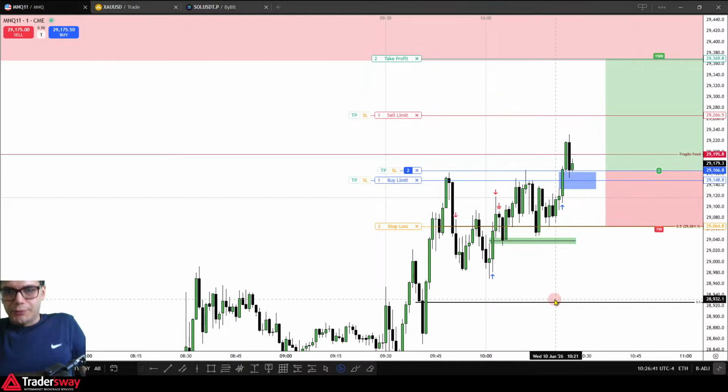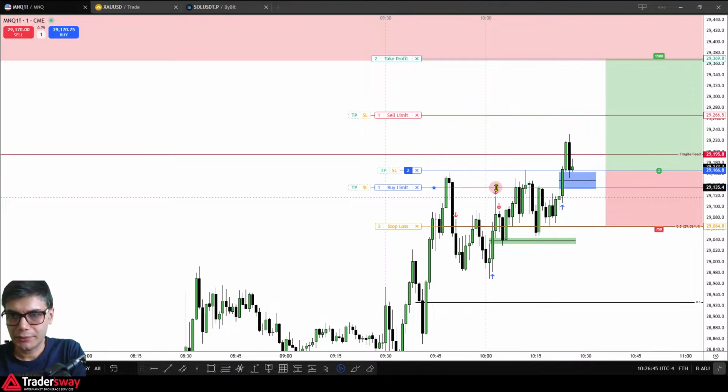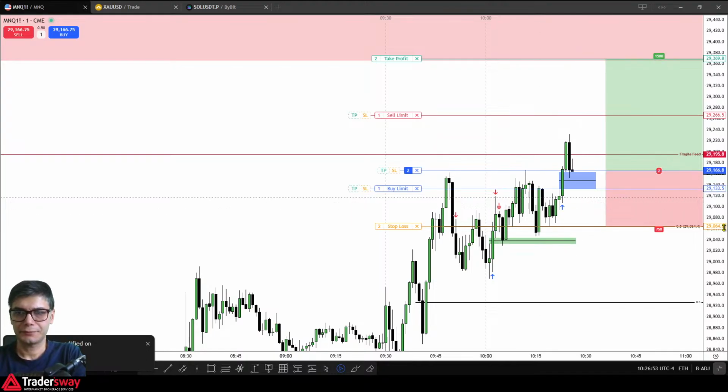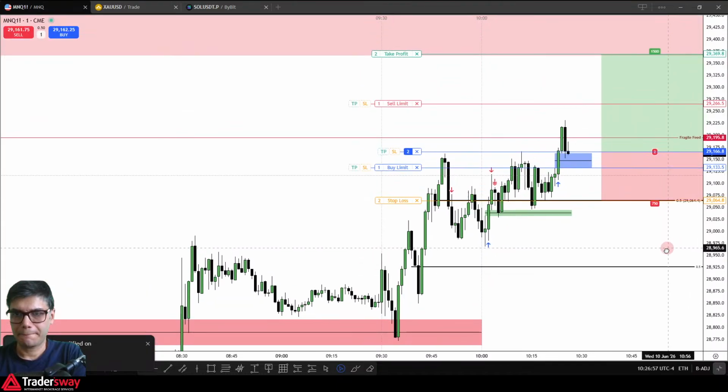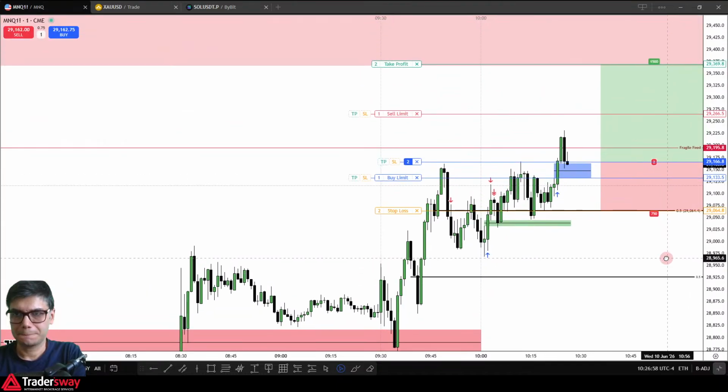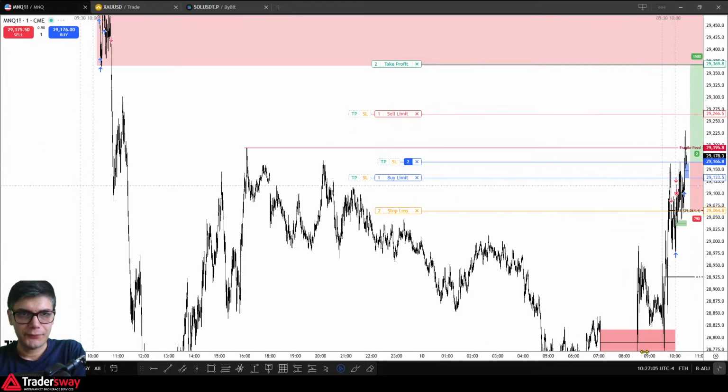Let's see how this breakout strategy would work in my favor, or it doesn't. Look at the fee, which was above that high.